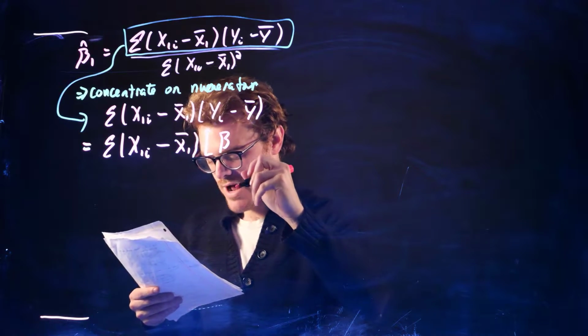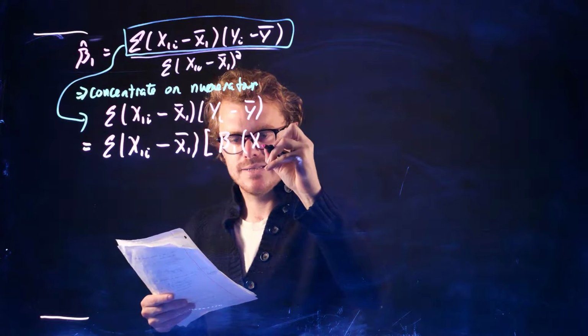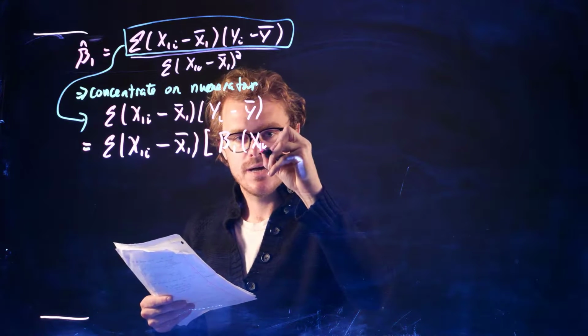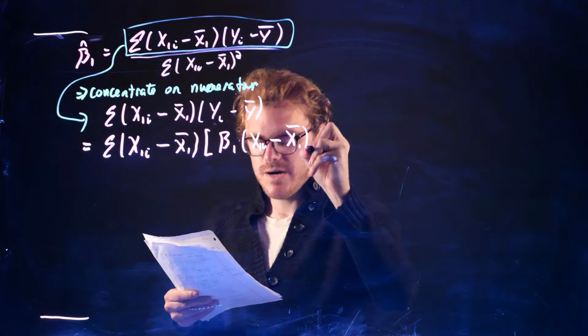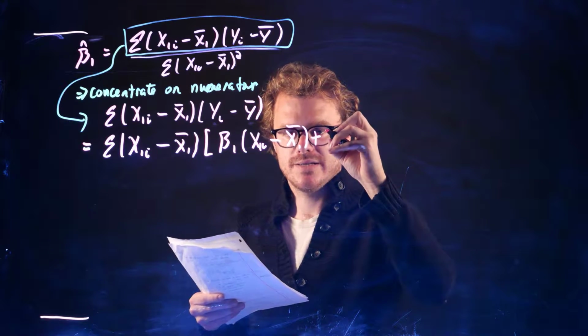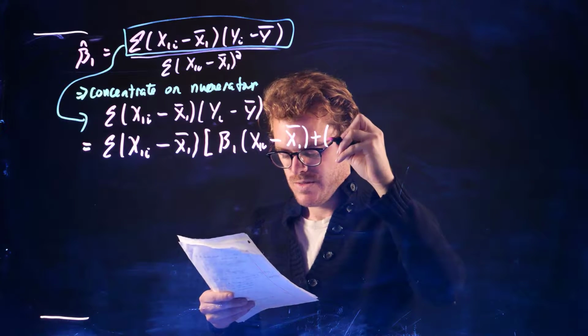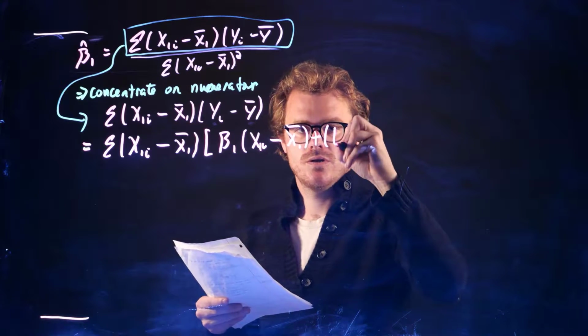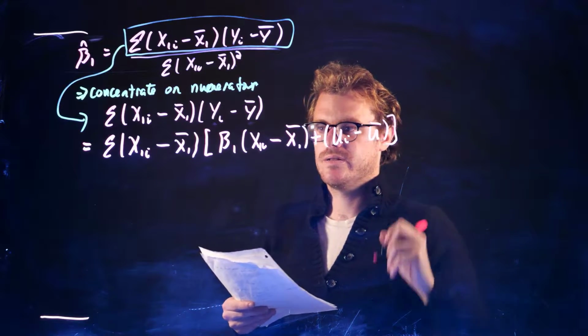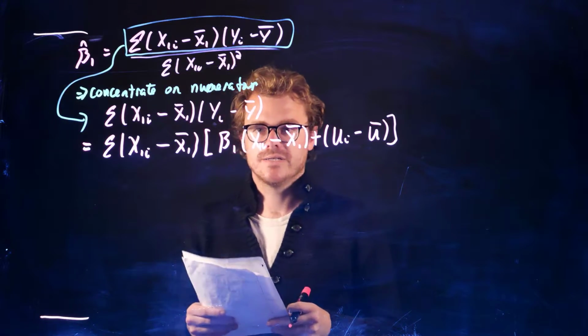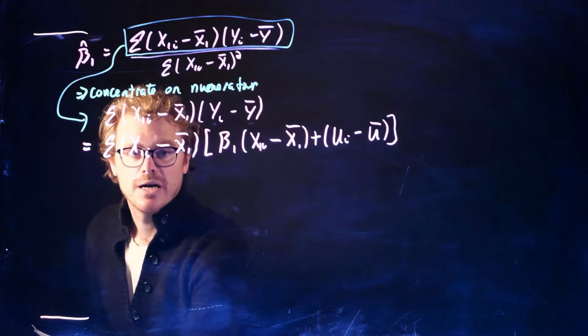So with this second bracket equals, I'll explain why in a second, x1i minus x1 bar plus ui minus u bar, bracket. Okay, that looks good. All right, so let's explain.